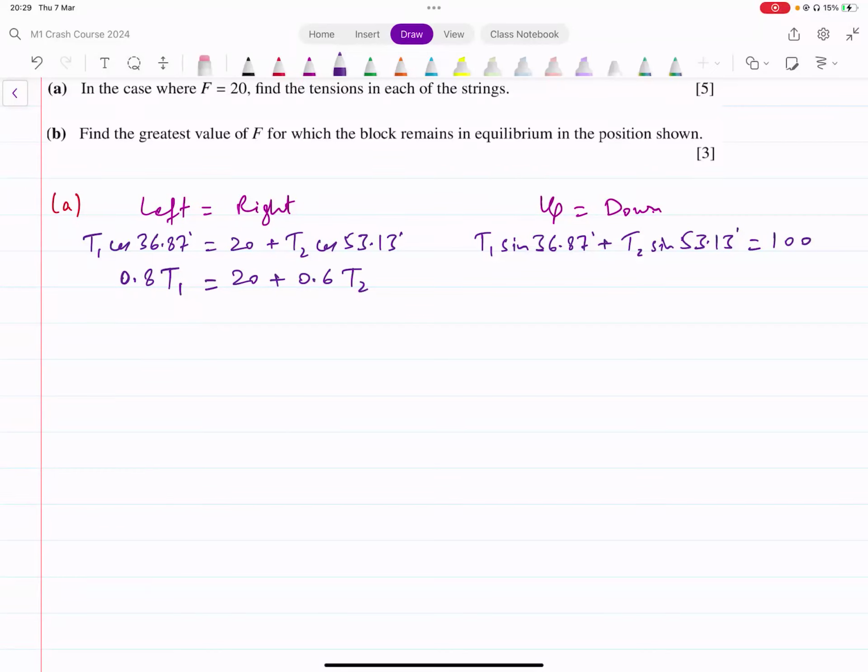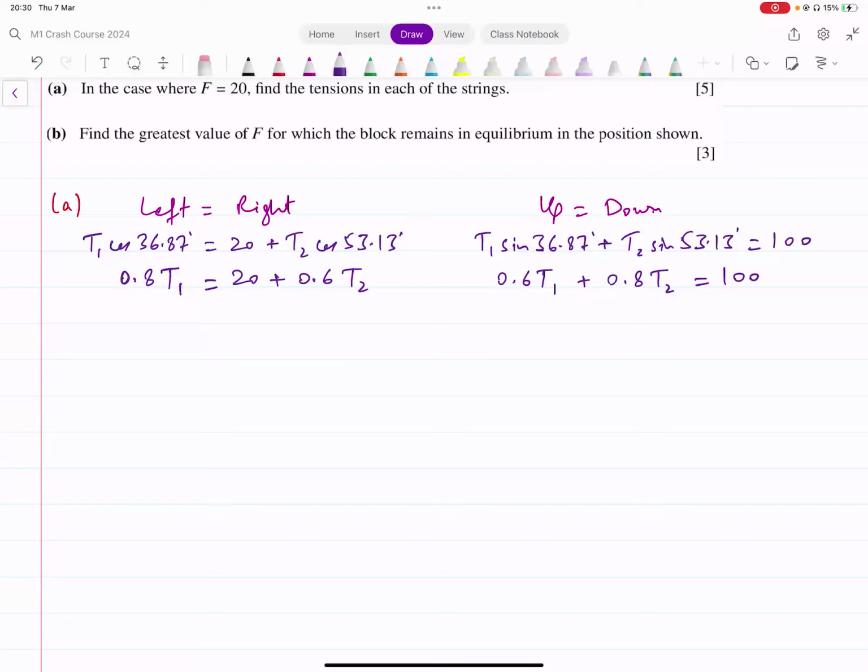That's one equation. Okay, let's look at the second one. Sine 36.87, that's 0.6. So that's 0.6 T1 plus sine 53.13, that is 0.8. So we have 0.8 T2 equal to 100. These are 2 equations. Just solve them simultaneously and you will get the values of T1 and T2.